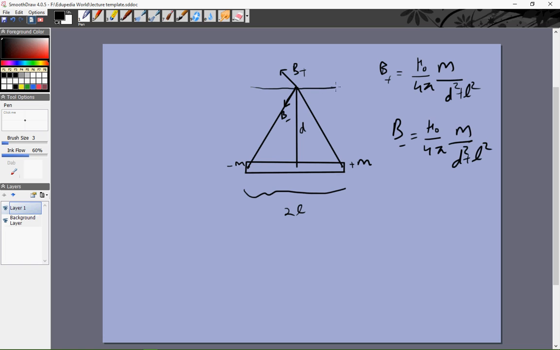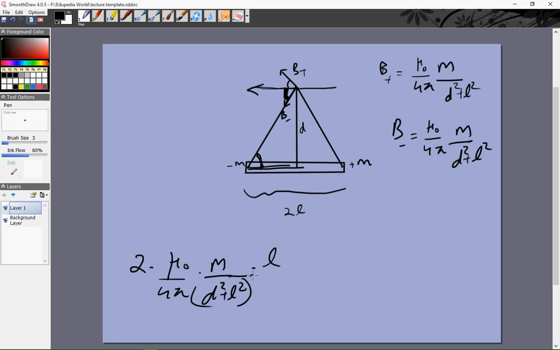So for the resultant magnetic field, these two components will cancel and these two components will add up, so the resultant magnetic field will be 2 into mu naught by 4 pi, m by (d squared plus L squared), into the cos of this angle, and this angle is the same as this angle, and the cos of this angle is L by root of d squared plus L squared.